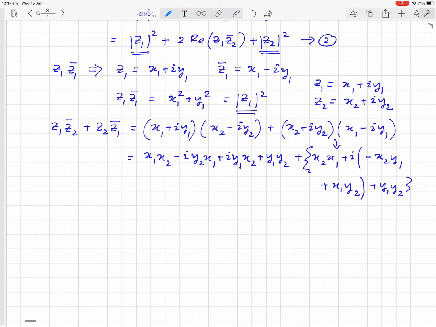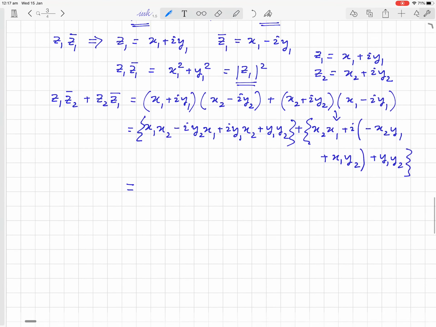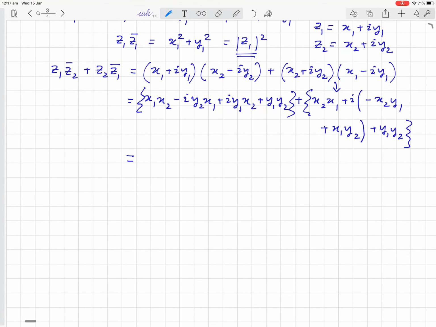So this is what it is. Now we'll try to simplify it more. So you have x1 x2, then plus i times x1 y2 minus x2 y1, then you have y1 y2.